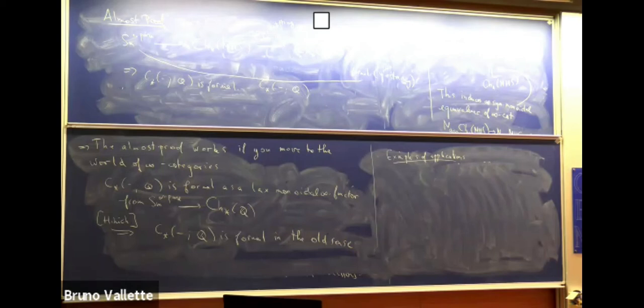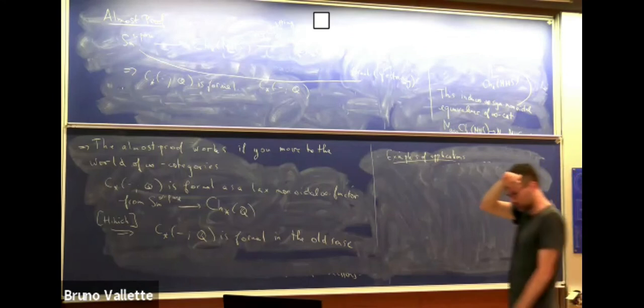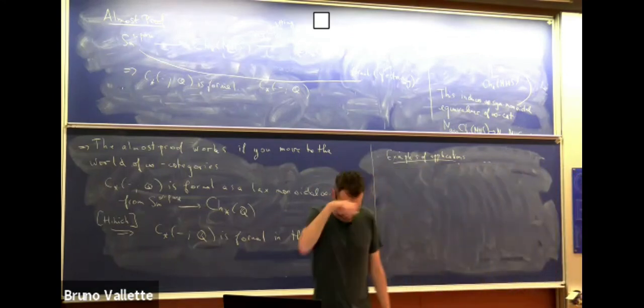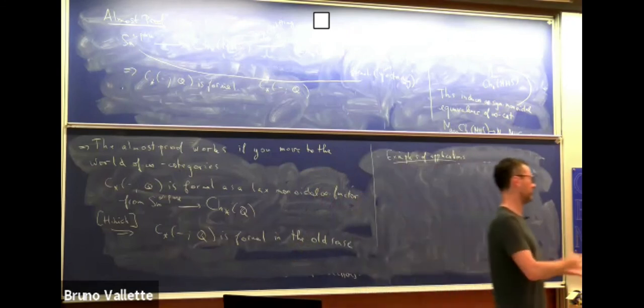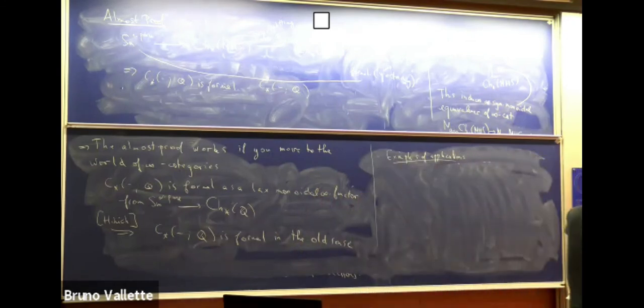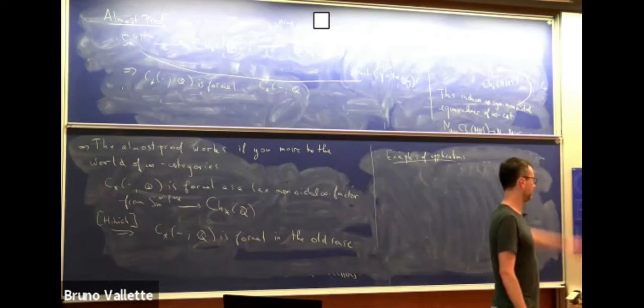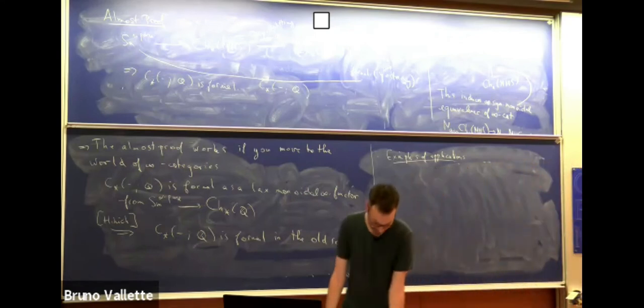So neither of this set of objects is contained in the other. But all the examples I know live in the intersection, actually. So for instance, the example they give of this operad of compactified moduli spaces, you can also use our theorem to prove it.